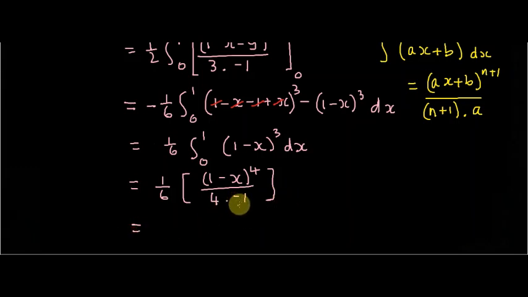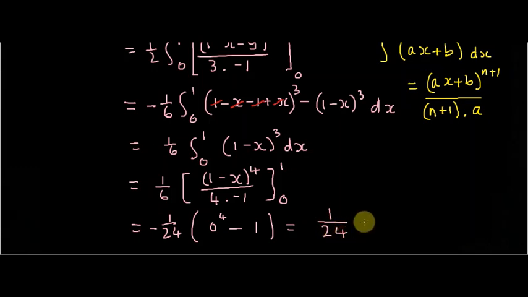We can pull out negative a quarter. And of course, our limits of integration will be 0 to 1. Then plugging in 1, I'm going to get 0. Then plugging in 0, I'm going to get 1 to the 4, which is 1. And the final answer is 1 over 24.